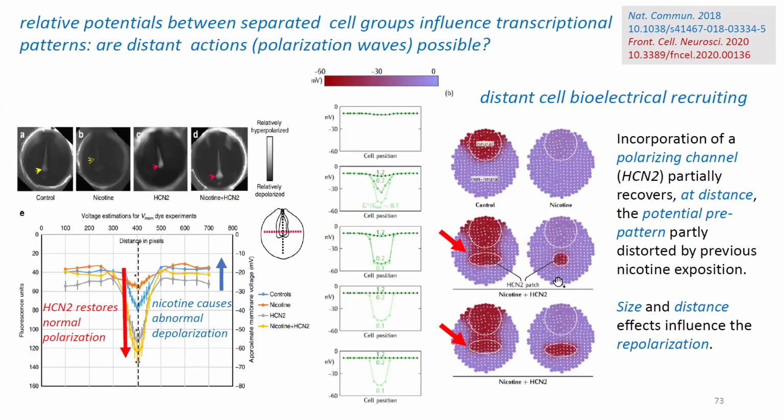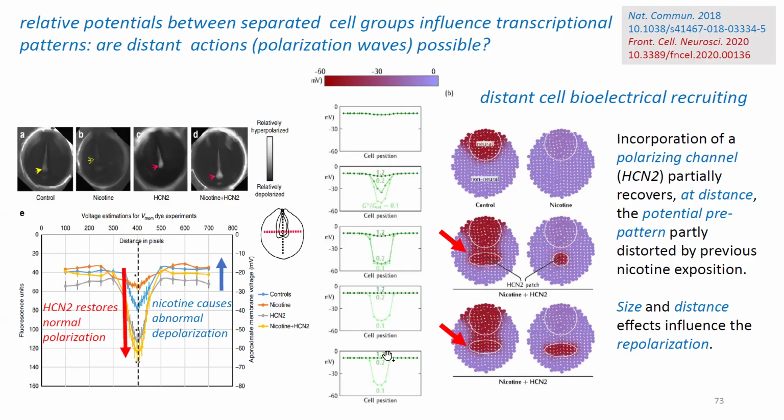We made some qualitative simulations in cooperation with Levin and Dr. Pi. And what we found in these simulations is that in principle, polarization waves are possible to correct degraded electric potential patterns, in this case in the head of the frog, the model animal.